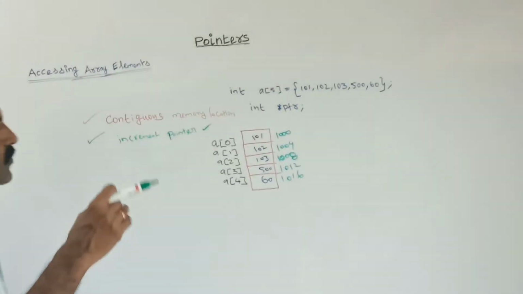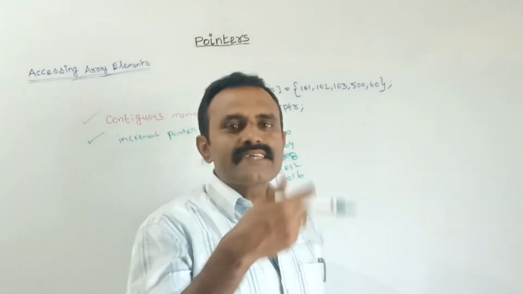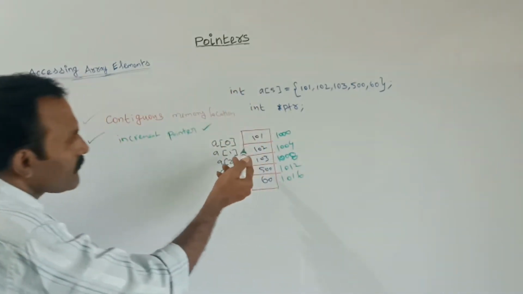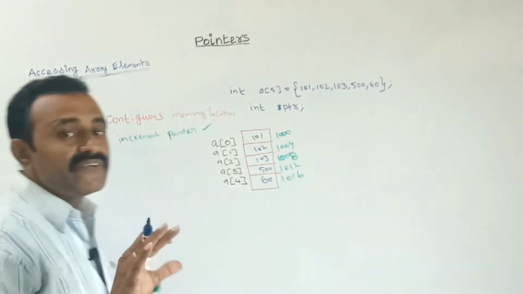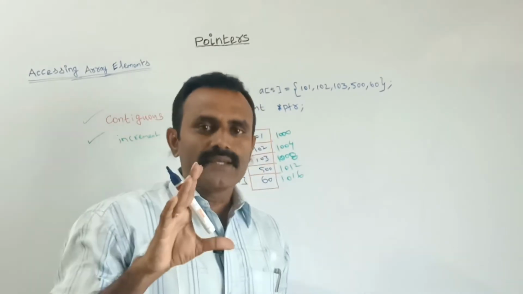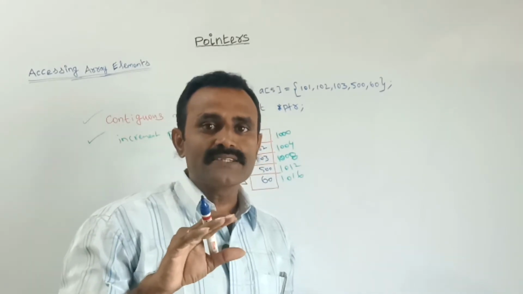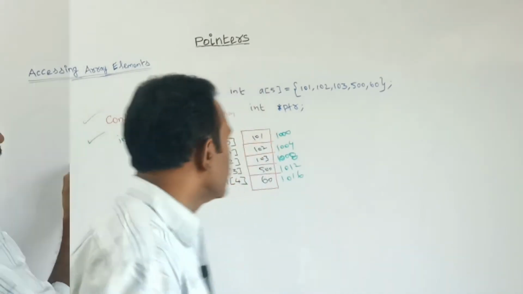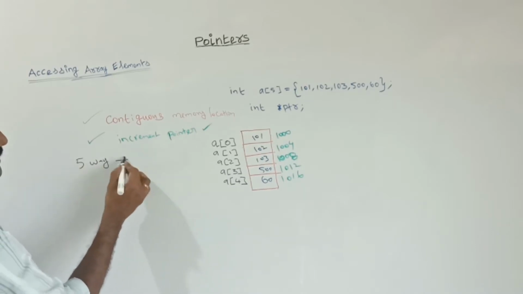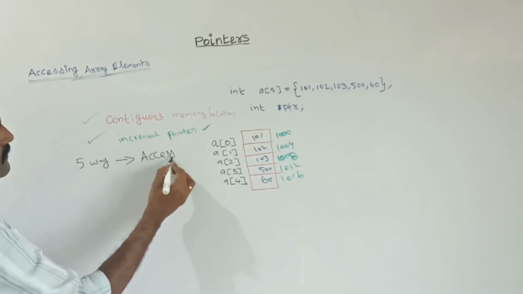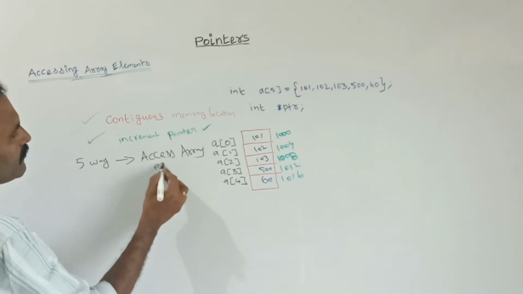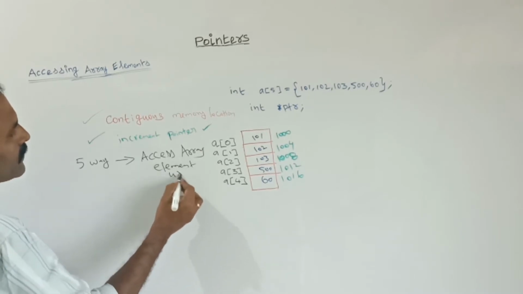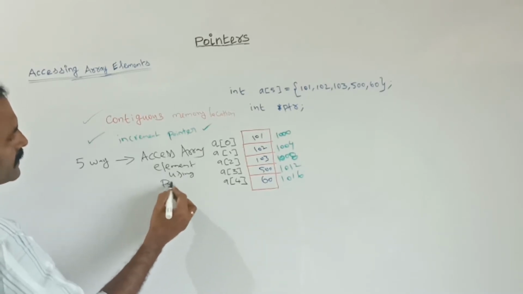Now let us see how to access the elements inside this array. In 5 ways we can access the array element using pointers.